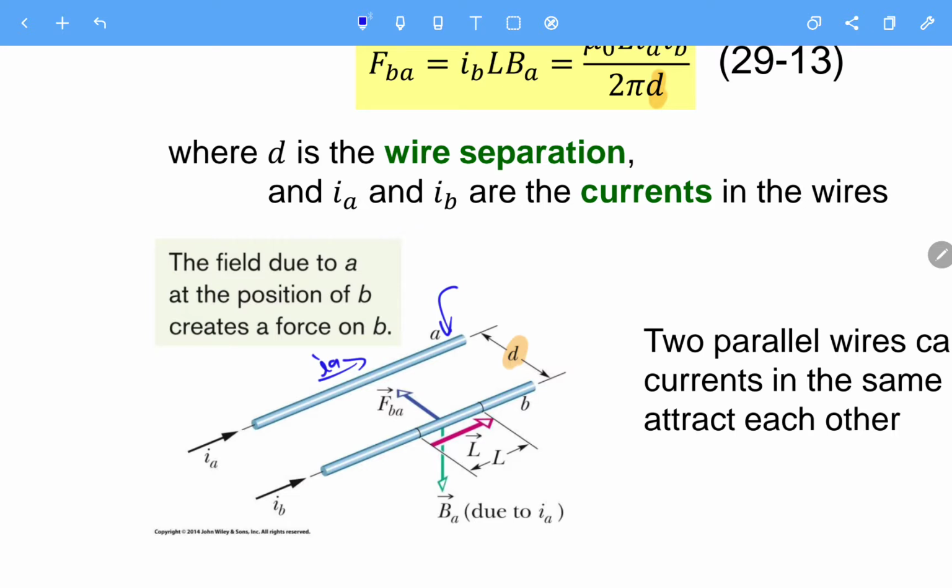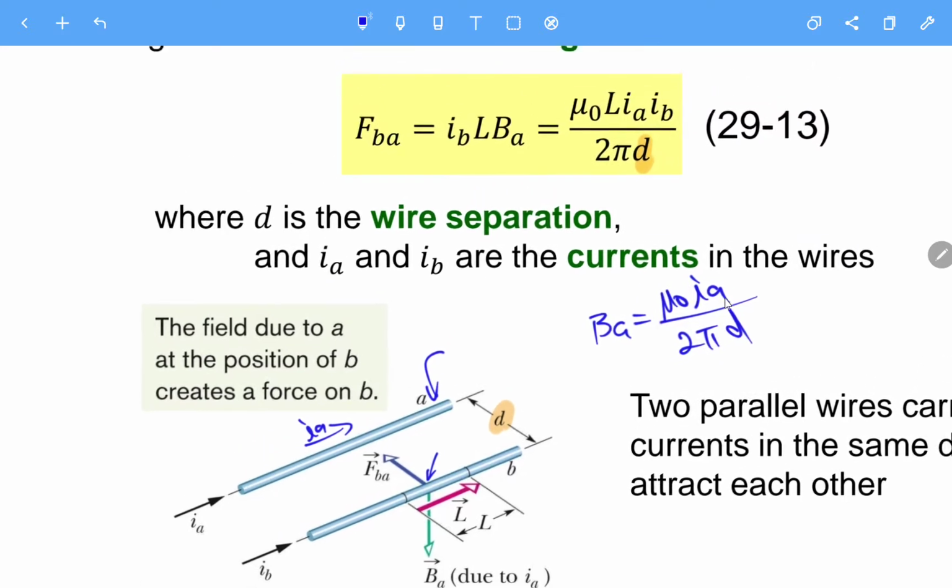In this case, using Ampere's law, we know that the magnetic field generated at this point will be pointing downward, BA, and BA is nothing but mu 0 IA over 2 pi d. We do not use R here, we use d for the separation of these two parallel wires. Okay, so this is BA.